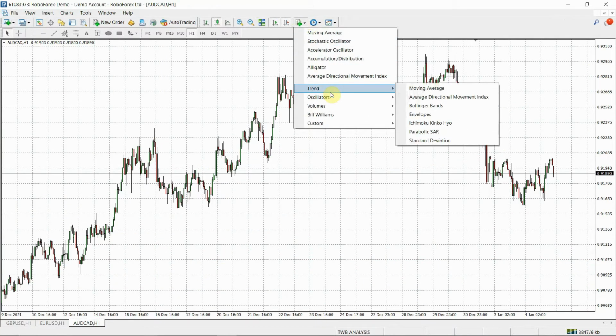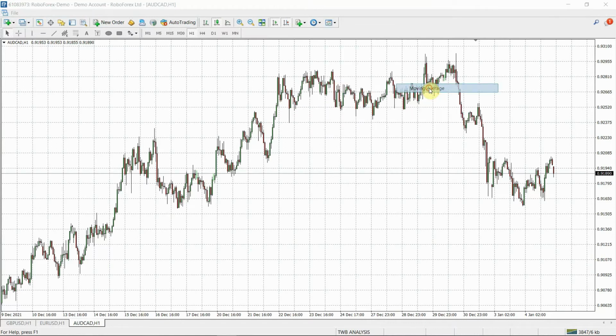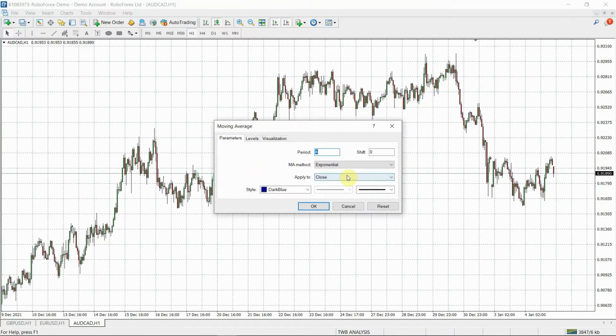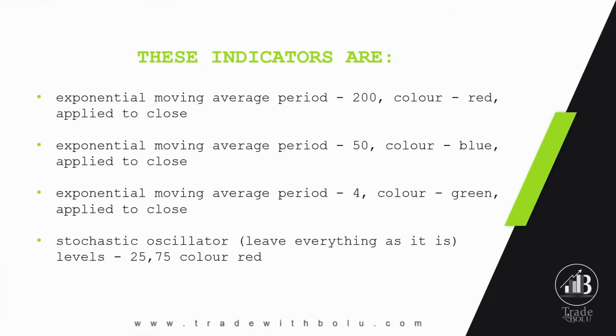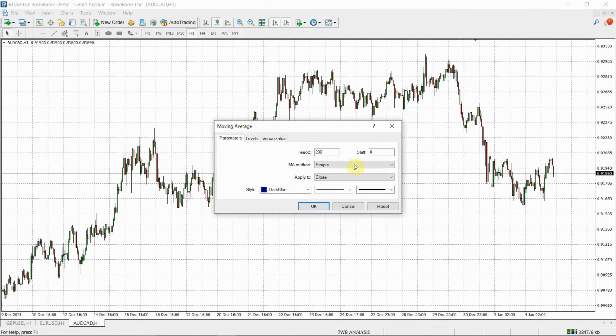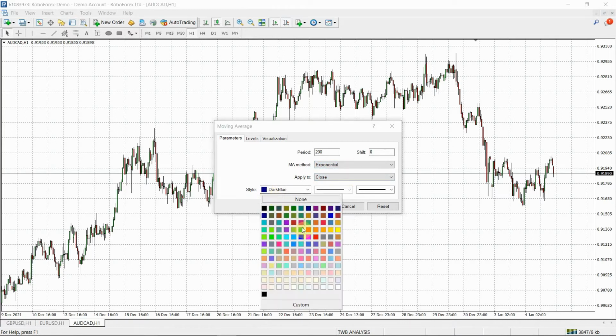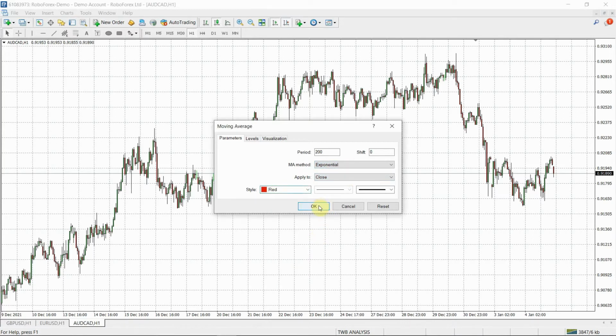So for the moving average, you come here to trend, you see moving average there, click it and change the period to 200 and apply it to the 200 exponential moving average. So it's going to be exponential here, and it's in red, so we're expecting that in red.